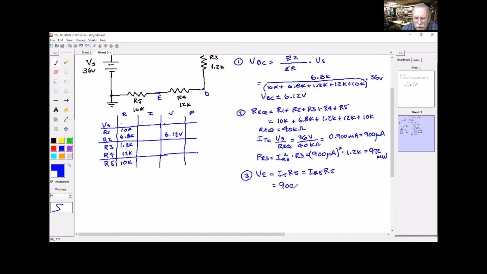So it's 900 microamps times 10K. That works out to be 9 volts.